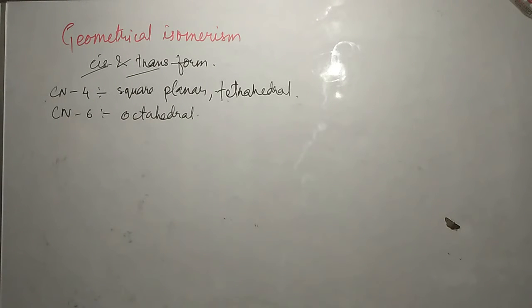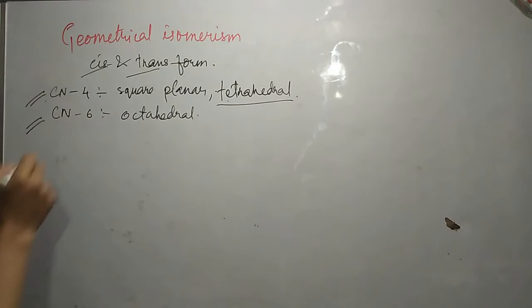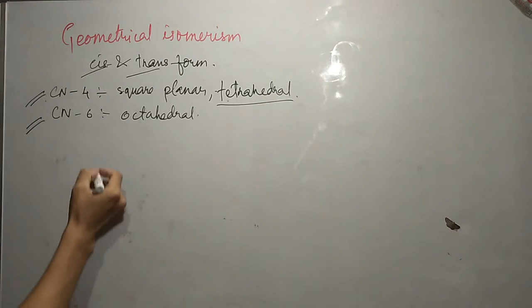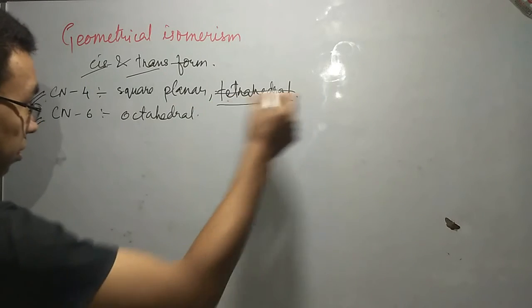Geometrical isomerism is possessed by two types of structure: square planar and octahedral. We also have tetrahedral for coordination number 4, but since all the ligands are adjacent to each other in tetrahedral, it does not possess any geometrical isomerism.